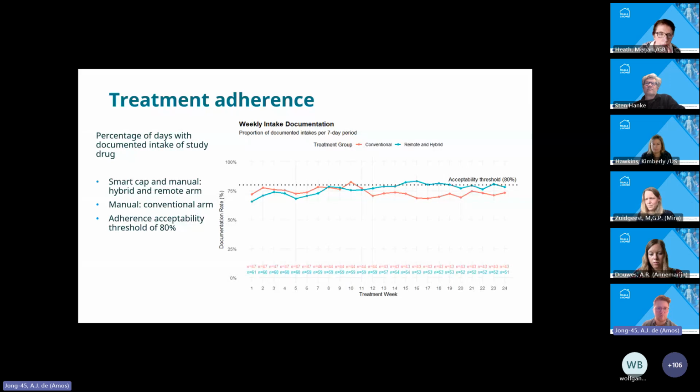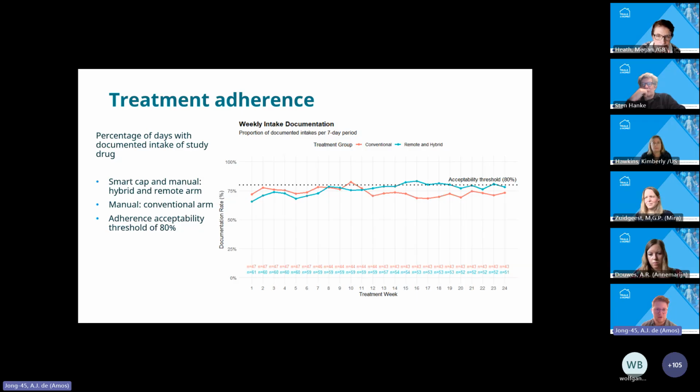In the conventional arm, the participants were only allowed to collect this data manually. An acceptability threshold of 80% was defined beforehand. So 80% availability of treatment adherence data was considered acceptable, and this was based on a previous study that also evaluated the same medicine.